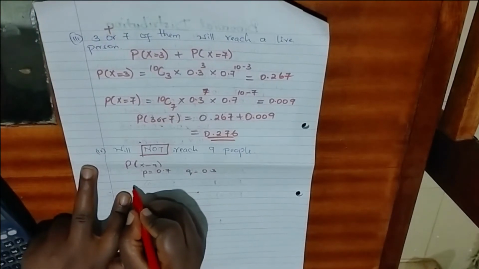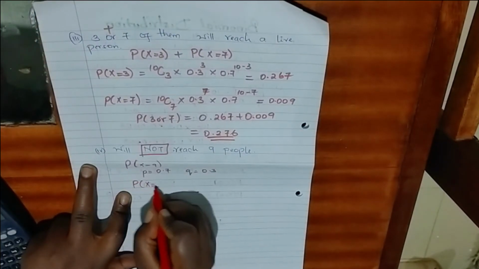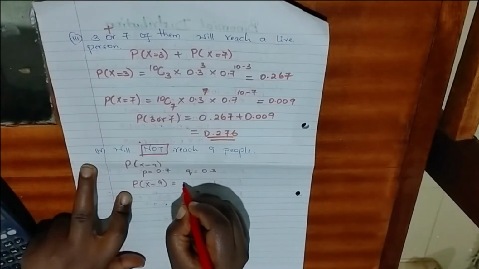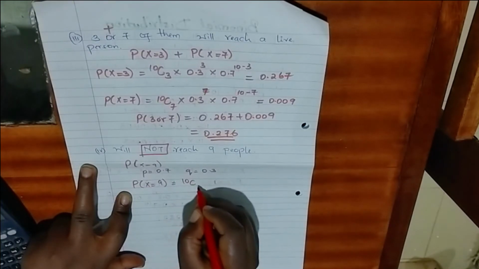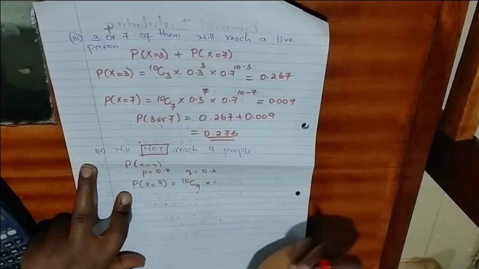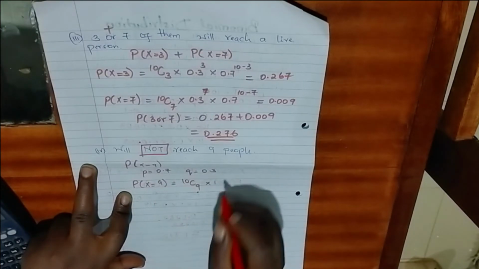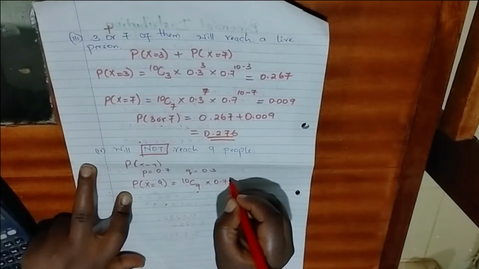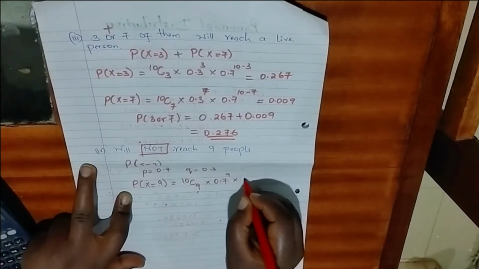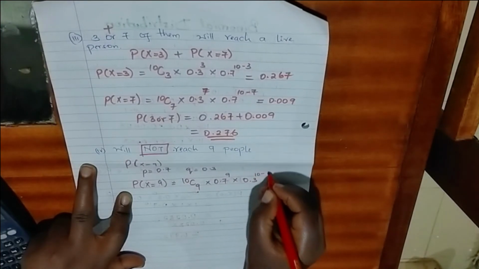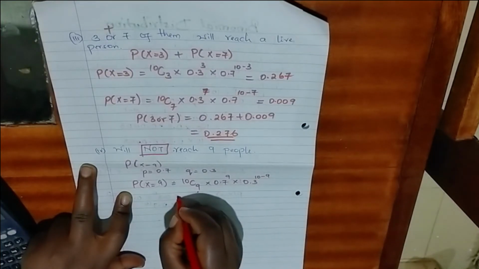So the probability of X being equal to 9 will be 10 combination 9 multiplied by the probability of success, 0.7, raised to power 9, and then the probability of failure, 0.3, raised to 10 minus 9.